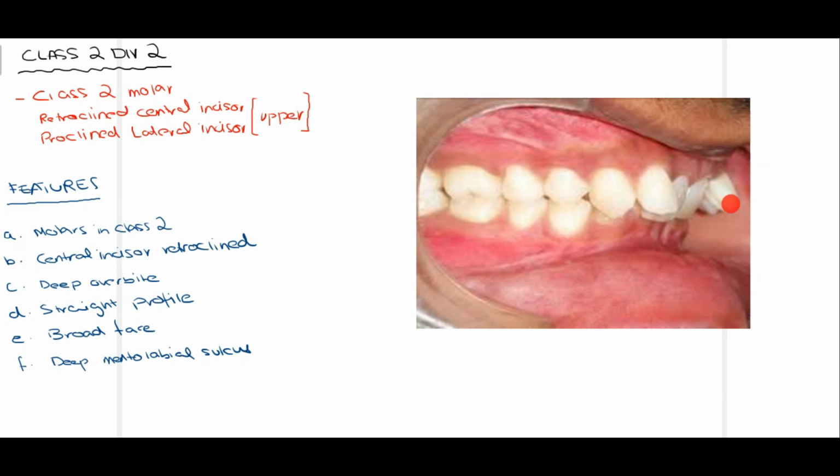In some cases, all four incisors can be retroclined as well. In this case, you can also appreciate there is increased overbite. In most cases, the patient has a straight profile as compared to division 1 where the patient had a convex facial profile, and the face is broad and sometimes there is a deep mentolabial sulcus as well.